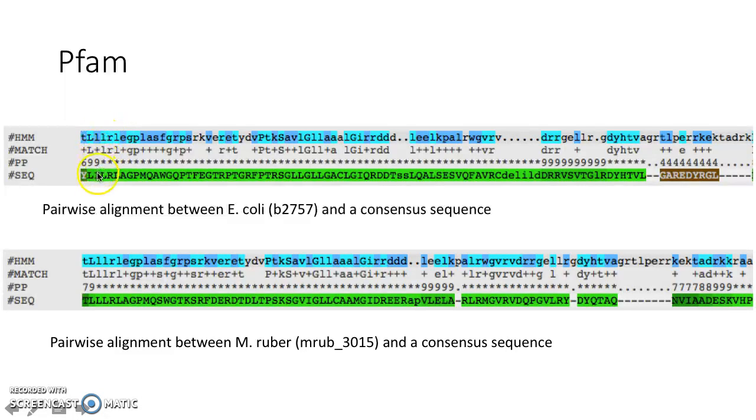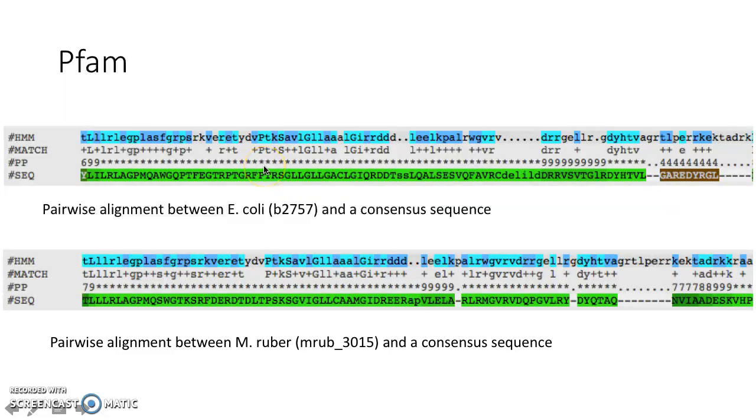We do have a fairly high number for E. coli of highly conserved. These are going to be in the capitals. So we have an L here, we have P, G, another G, and these are all highly conserved. The other ones that are lowercase up here, these are less conserved but still relevant because they do match.